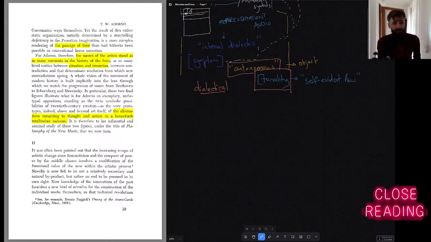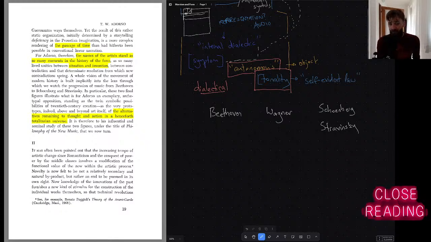And the figures that will be particularly important in the critique that we're about to read are some composers whose names represent different approaches to the structure of tonality. So we have Beethoven, we have Wagner, who we've already talked about, and we will also get to Schoenberg and Stravinsky.